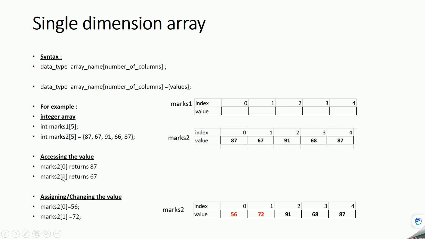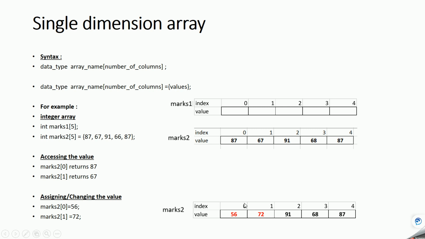Or you can use the value. Now you want to change these values, like some value you have given wrong by mistake. You don't want to change it here, you want to change it some other way. So the other way is like this. You will give the array name, the bracket, and the position of the value you want to change.